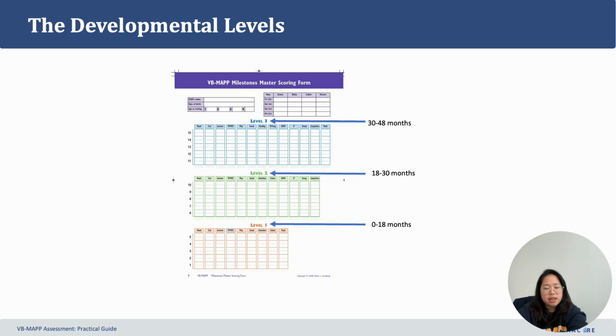So looking back on the grid, remember the approximate age per level. Level 1, 0 to 18 months. Level 2, 18 to 30 months. And level 3, you've got 30 to 48 months. And notice the domains or operants that you're gonna be tested on. It's here.